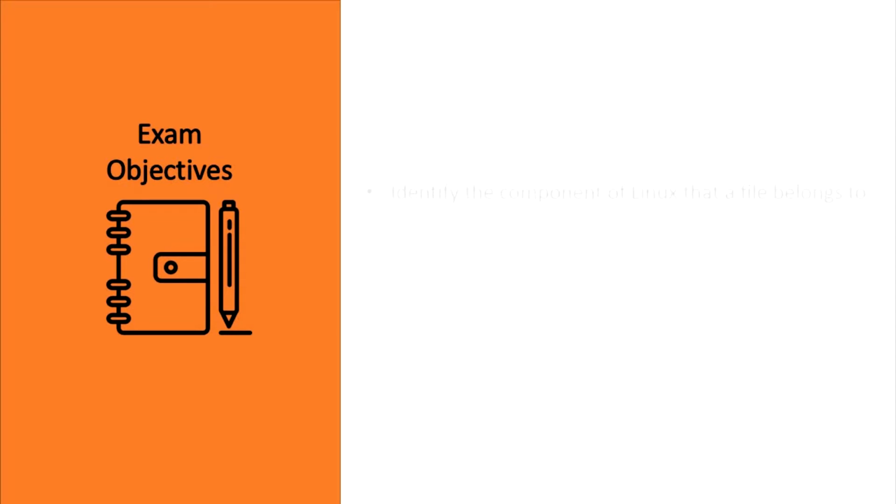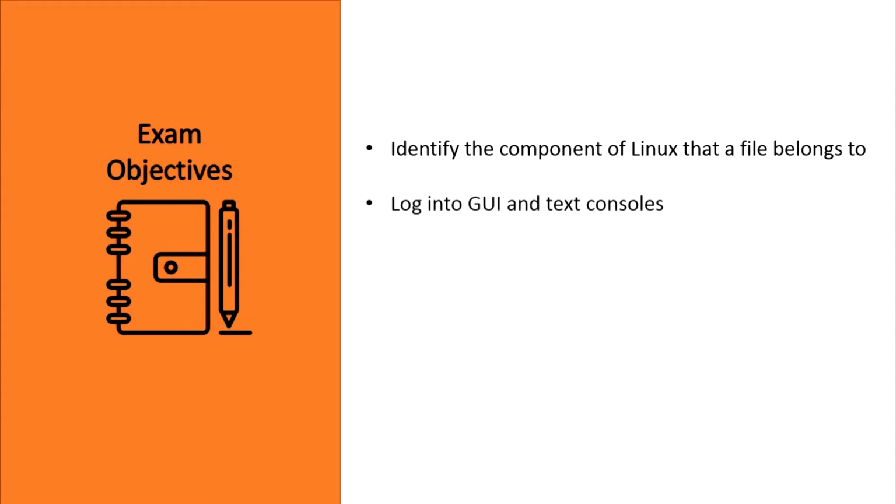As we go through these courses, we're working towards our Linux Foundation Certified System Administrator. In particular, the objectives that we are looking at within this module include identifying the components of Linux that a particular file might belong to. We will be looking at how we can log into our graphical and our text consoles.